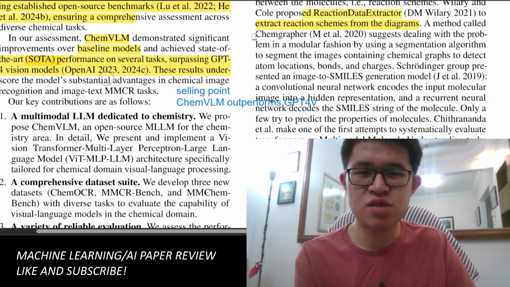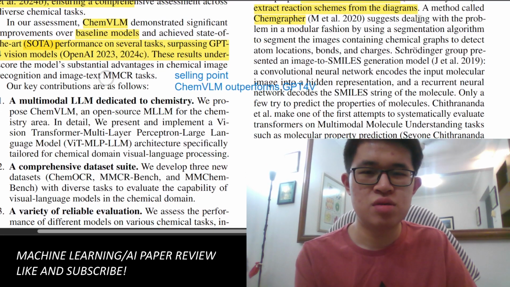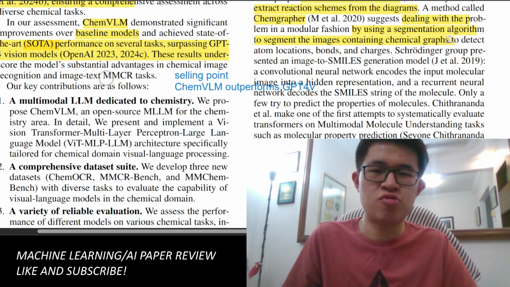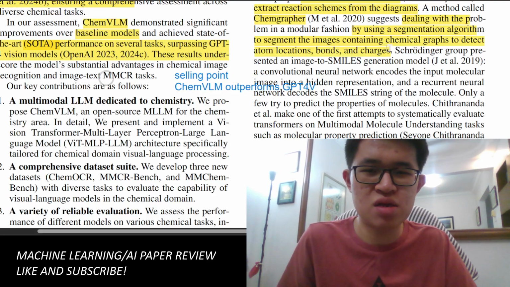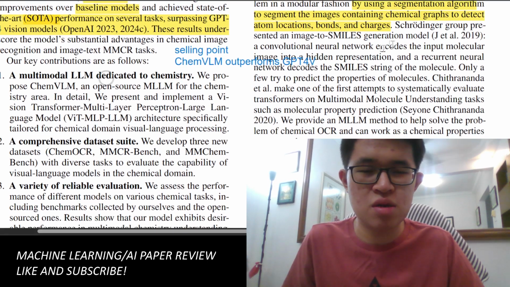Okay, and a method called ChemGrapher deals with the problem in a modular fashion by using a segmentation algorithm to split the images that contain chemical graphs and to directly identify the atom locations, bonds, and charges.